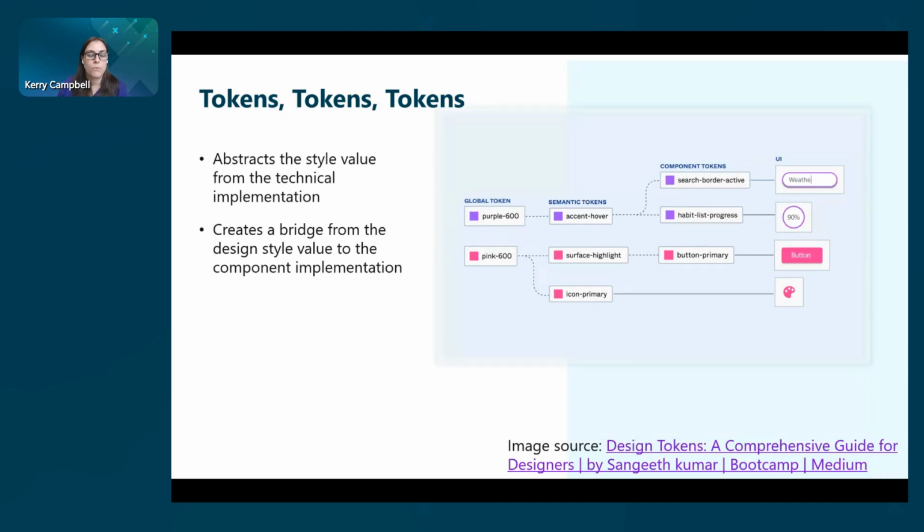Tokens is the standard way in which you can define standardized design values all the way into the component tokens. So now we have a design repo where we have these layers of tokens to define into our component repo. This is a very large and complicated topic. I have a link on here to share around what you can actually get from design tokens.